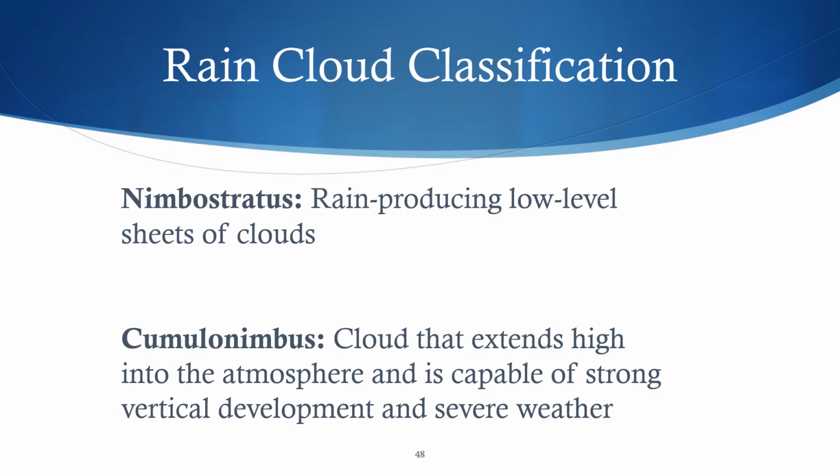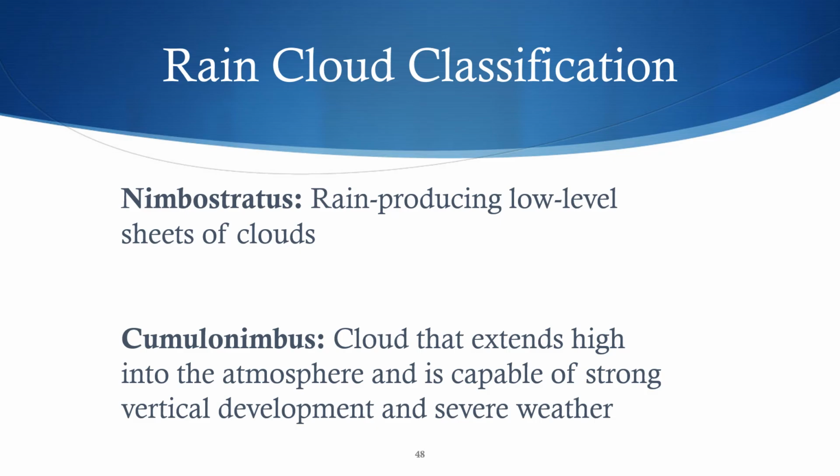So we have two different kinds of rain-producing clouds, and when we tack that on to the name, we're going to add it to the form of the cloud. So we have nimbostratus clouds. These are stratus clouds. They're very low level. They're in sheets, and they do produce rain because they've got the word nimbo in the name. But it's usually very light rain and prolonged. It goes for a long time, but it's basically just drizzle.